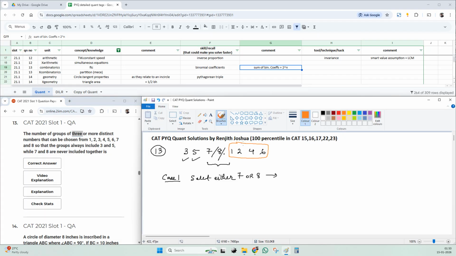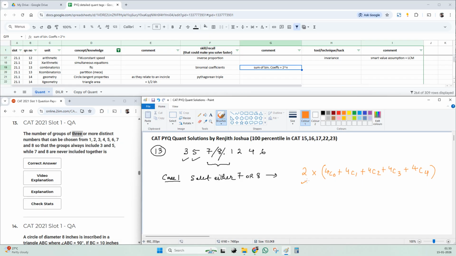which means out of the remaining 4, you can select as many as all 4 of them, or you can select none or reject all 4, which means this can be done in how many ways? You can select 0, or you can select 1, or you can select 2, or you can select 3 of the 4, or you can select all 4. This is not the entire case 1. There is a part before that. You have to select either 7 or 8. So that's 2 choices, right?